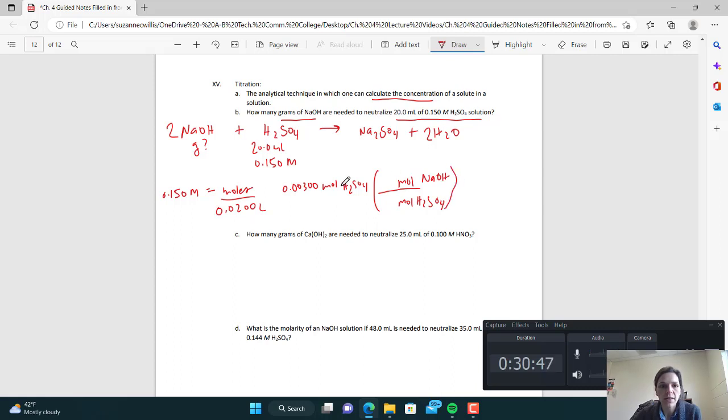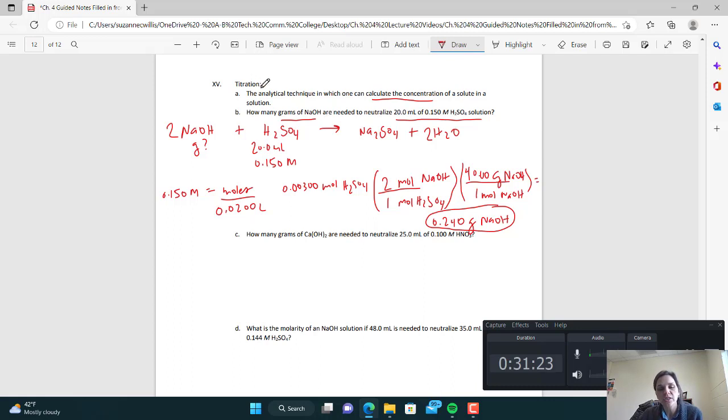So you use the balanced equation, 1 H2SO4 and 2 sodium hydroxide. And then we actually want grams, so we can just keep going with this one calculation all the way to grams of this guy. So we would add that up from the periodic table, and his molar mass is 40.00. We multiply, and we get 0.240 grams. So that's the amount of sodium hydroxide needed to react fully and neutralize sulfuric acid.